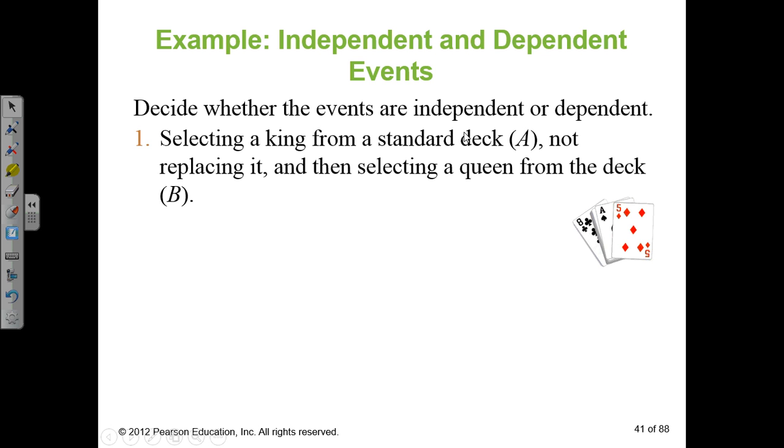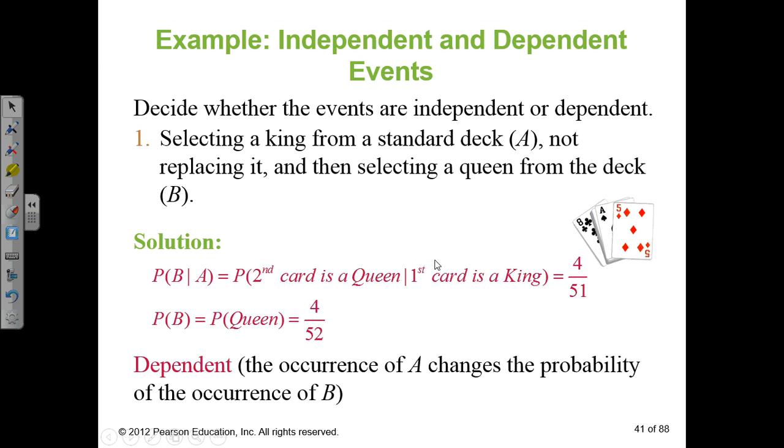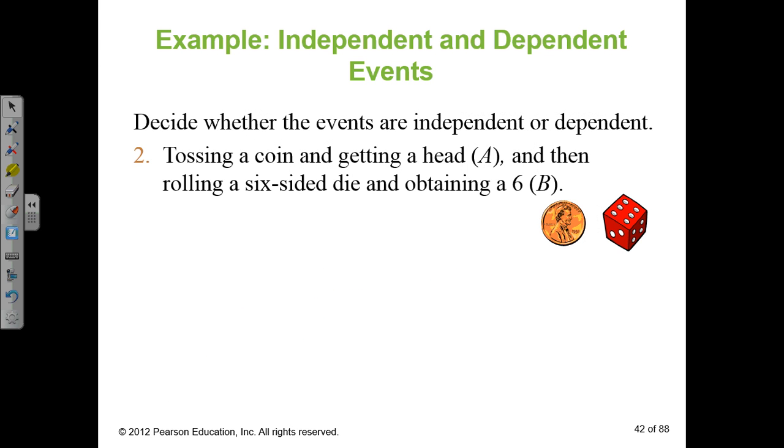But if we selected 2 cards and we selected a king and didn't put it back, then the probability of the second card being a queen, given that the first was a king, is 4 out of 51, but the probability of getting a queen is 4 out of 52. Those two values are not equal, thus those events are known as dependent events. The first draw did change the probability of the second selection.